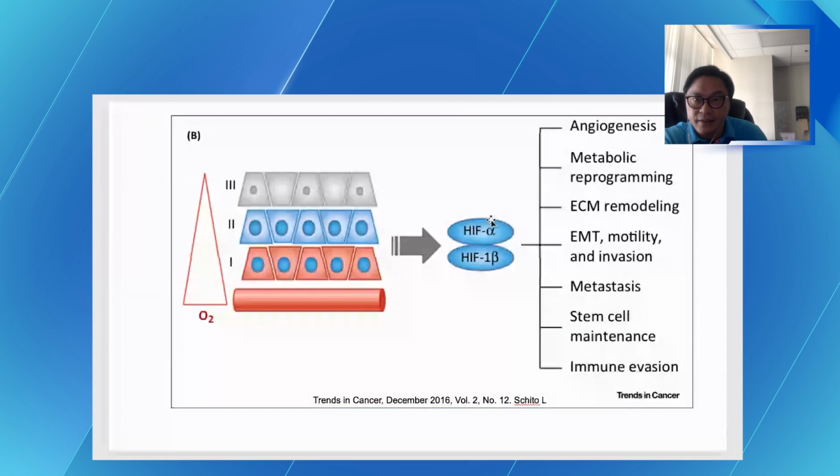And what you get is all of these effects: angiogenesis, ECM remodeling, motility, invasion, metastases. These are all the things you're activating with hypoxia-inducible factor, which is good if you have a hypoxic acidic area. So that's good for the tumor. That's why lactic acid is good for the tumor.